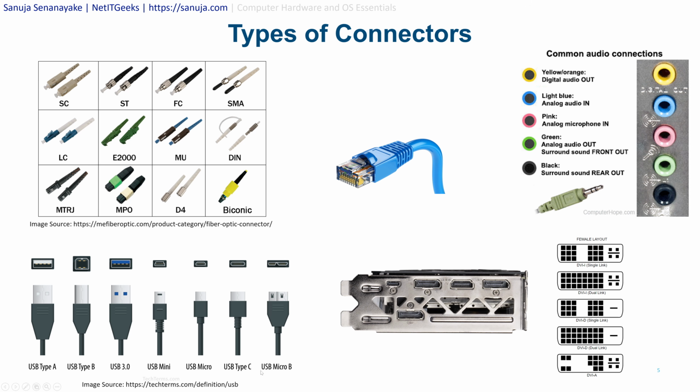So just keep in mind, some people interchangeably use USB Type C with USB 3.0, but they are not the same. USB 3.0 is a standard that gives higher speed and throughput, as opposed to USB Type C, which is a standard for the physical connector itself.